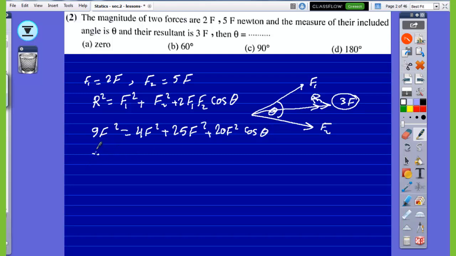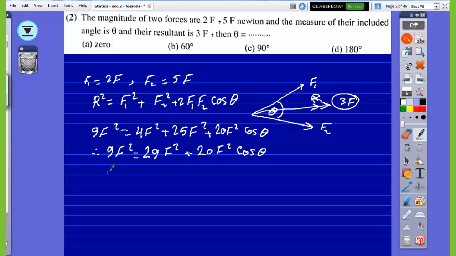So 9F square equals 4 plus 25, it is 29F square, plus 20F square cosine theta.